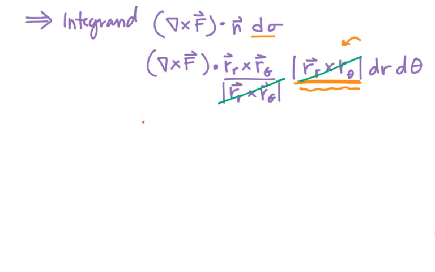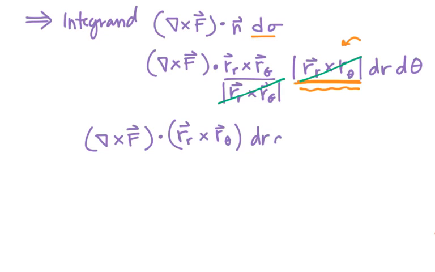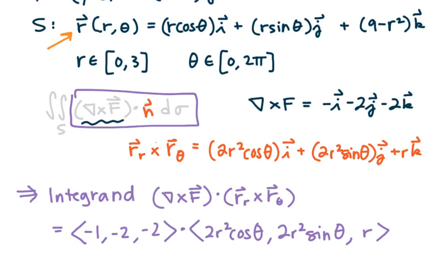So now that we know that we can simplify it, we don't actually need to calculate that magnitude. So before we actually set up our integral, let's just simplify this integrand a bit. So really all we need is del cross f dotted with r sub r cross r sub theta. So we need to calculate this dot product here, right? So again, cleaning up.